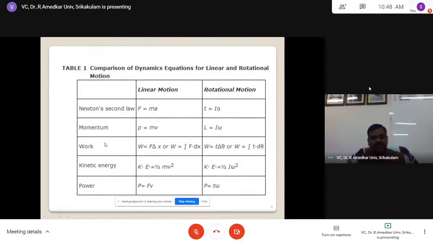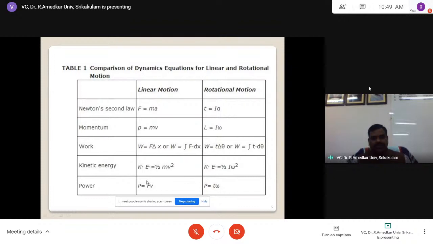Okay, the kinetic energy is half m v square, and this is half I omega square: mass into velocity square, and mass moment of inertia into angular velocity square. Power is equal to F into V, and T into omega, torque into omega.